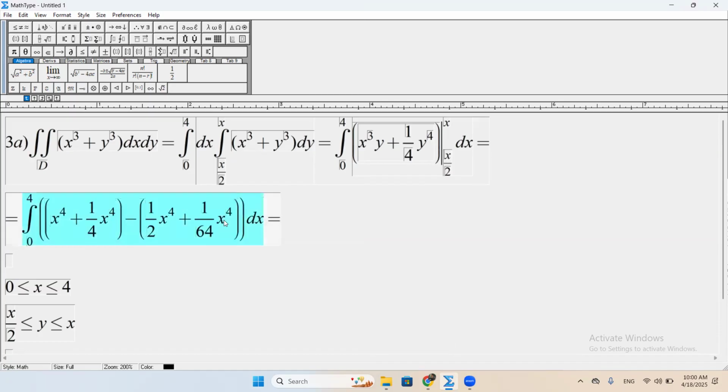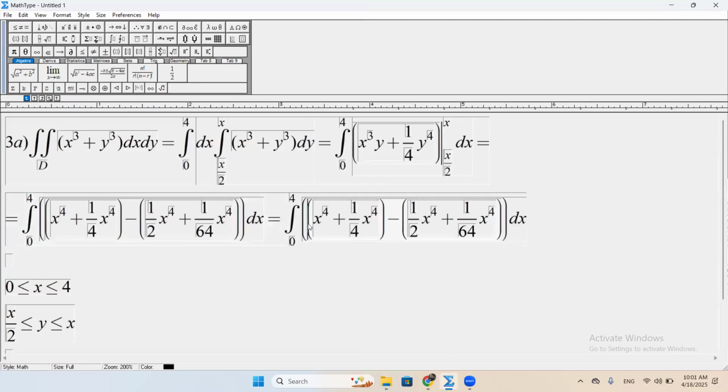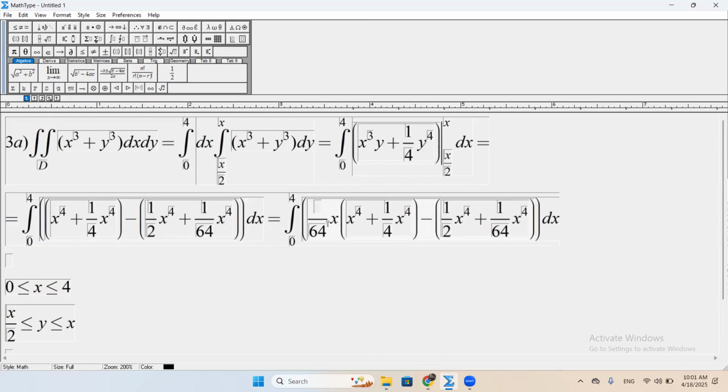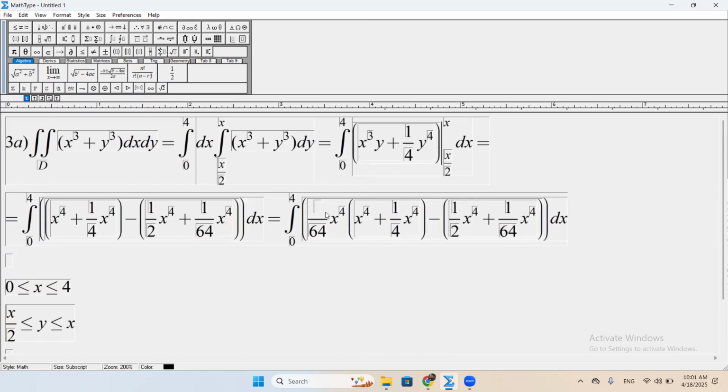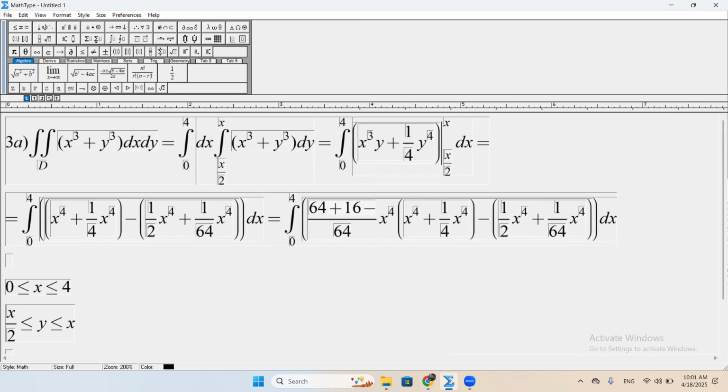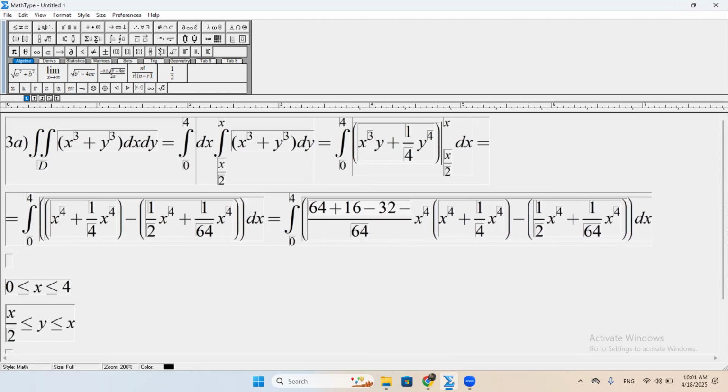When calculating, let's see what we will receive. 64 plus 16 minus 32 minus 1.